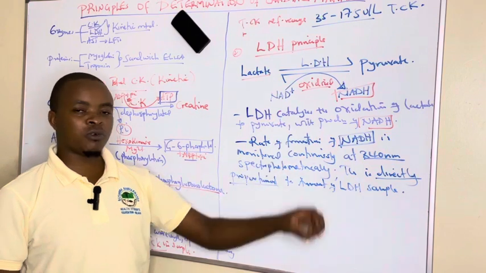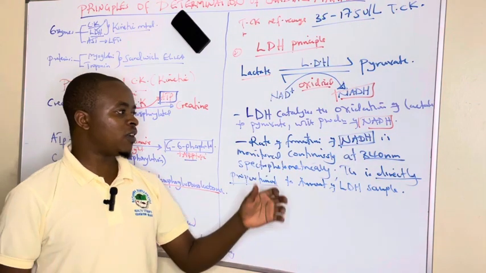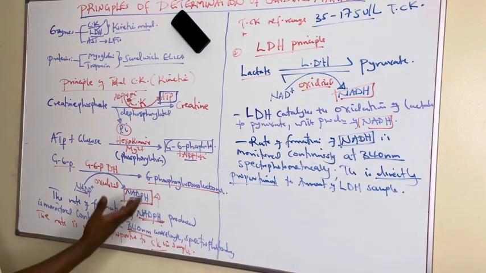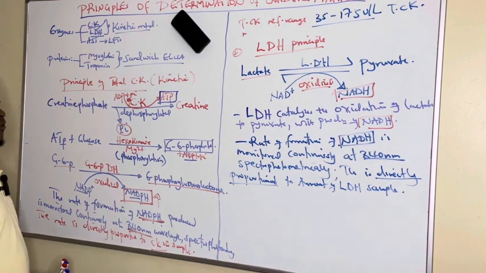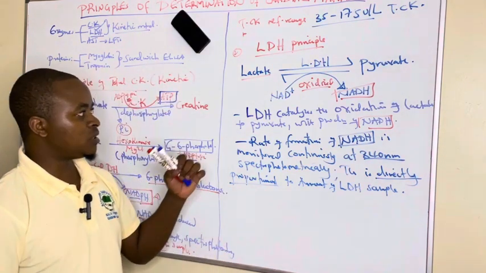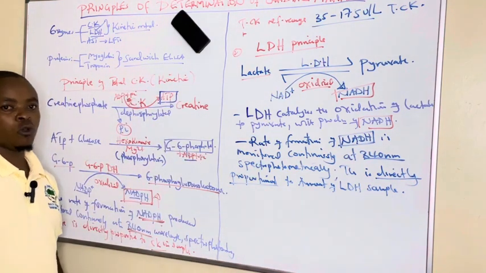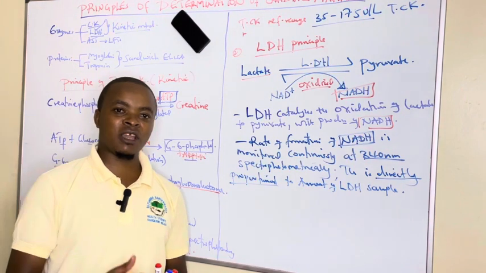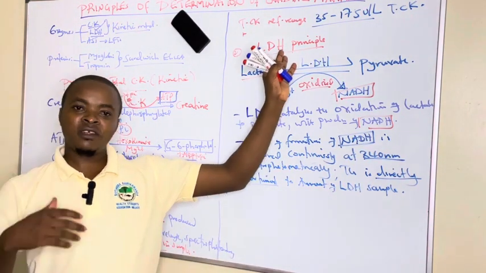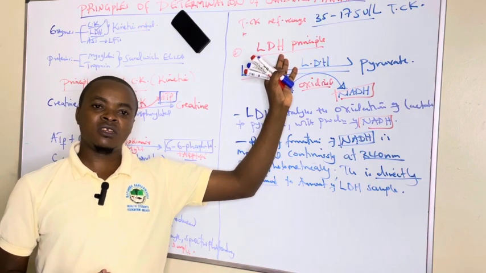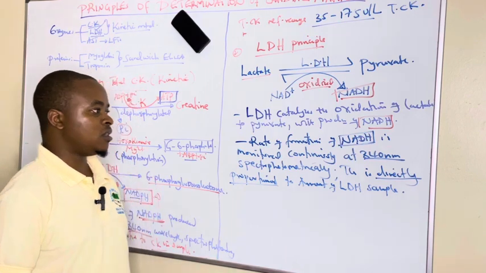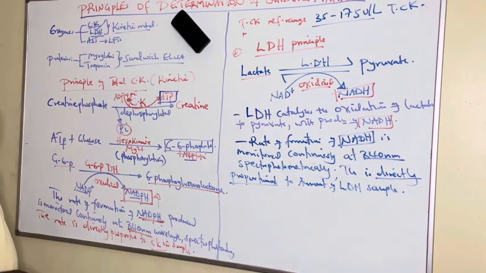But for different isoenzymes, the way we saw in the previous video, we use protein electrophoresis, which I have already discussed in one of my videos. So if you want to understand how we can separate different isoenzymes of LDH, you can visit my video on protein electrophoresis.